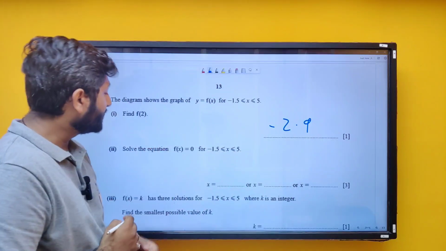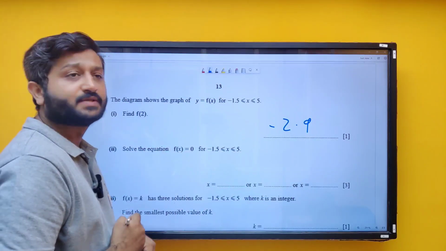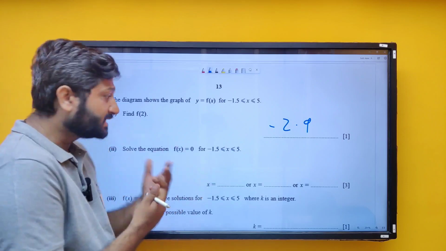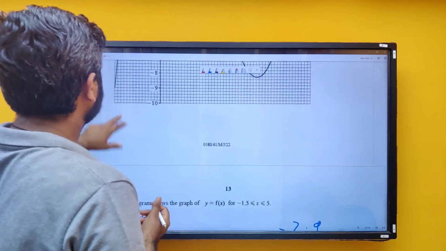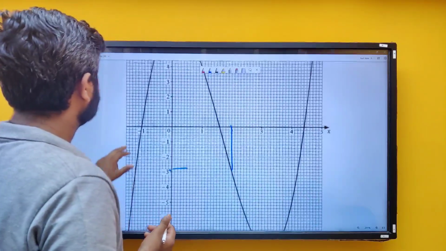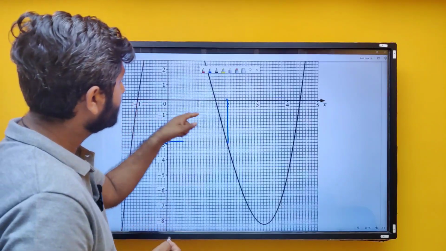Next, solve the equation f of x equals 0. F of x equals 0 means that the value of y is 0. So when y is 0, I think x is minus 1, right?